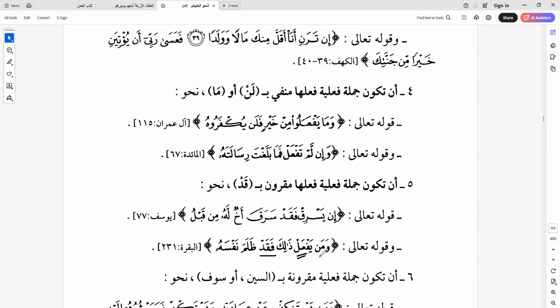So you can see that the man is making this fail majzoom. فعل الشرط أداة الشرط هنا. ذلك فاء الجواب قد. قد مقرون بقد ظلم فعل. So قد ظلم نفسه جملة فعلية مقرون بماذا؟ بقد. فقد ظلم نفسه.